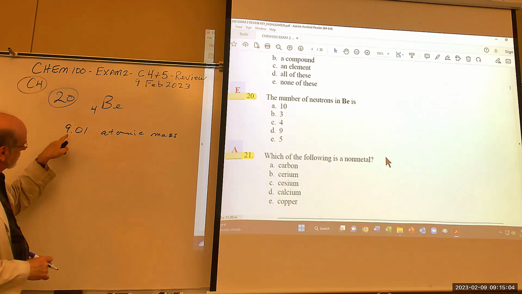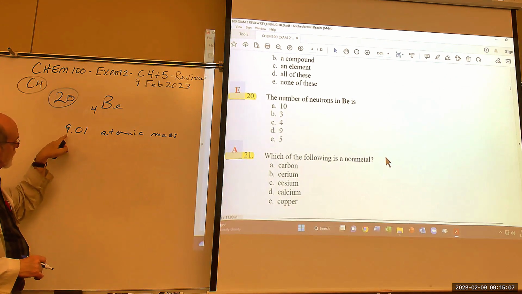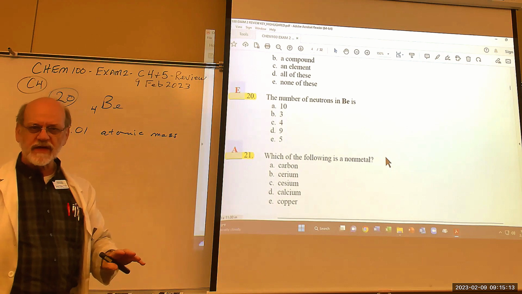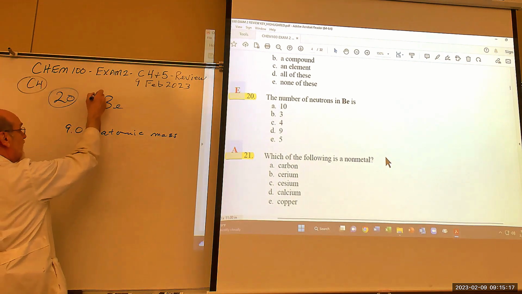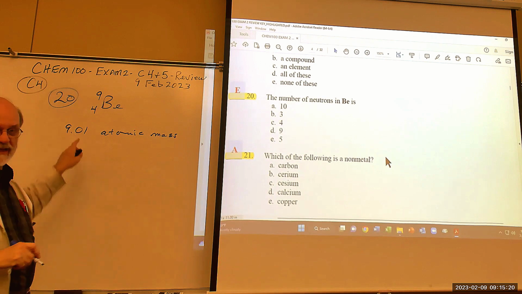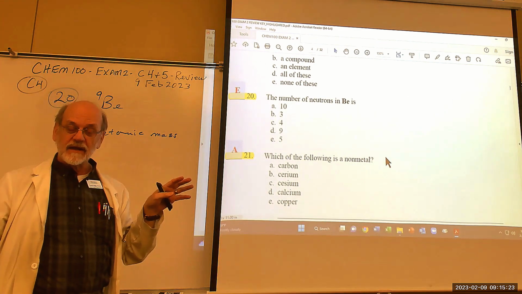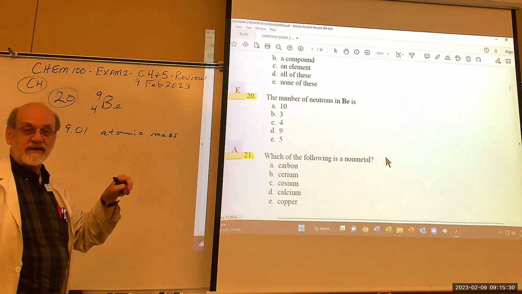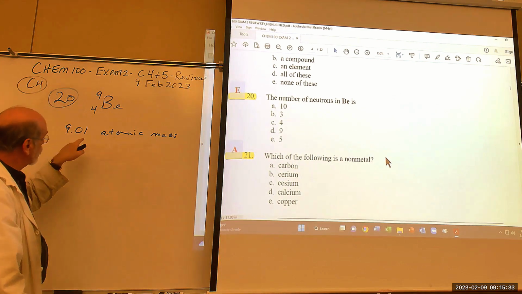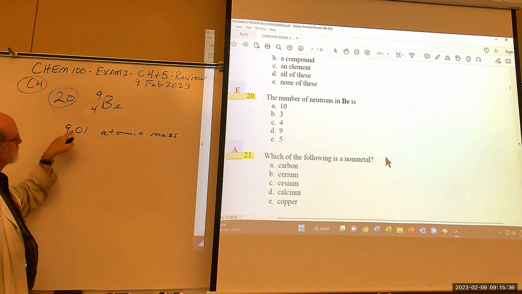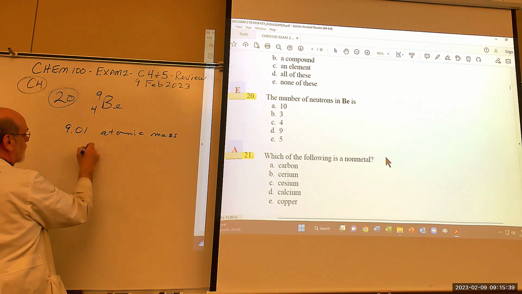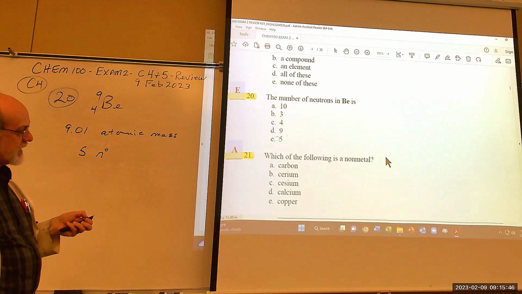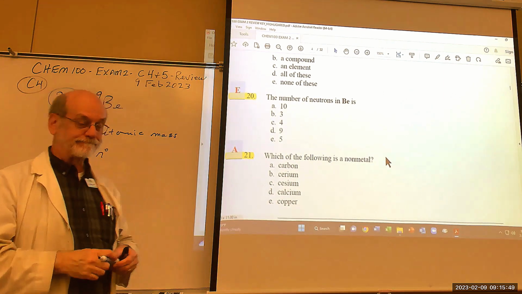So if we've got an atomic mass here as the average value, 9.01, then the vast majority of the isotopes of beryllium are going to be 9. And since it's a little bit more than 9, you can assume that the next highest would be 10. Beryllium 10, there might be just a fractional amount of those. So we're going to work with the most common isotope, 9. So that means that it has 5 neutrons in that isotope. That's how we arrive at this answer. Okay?